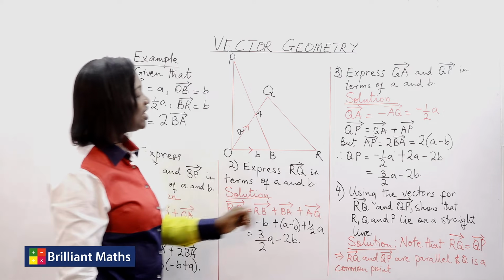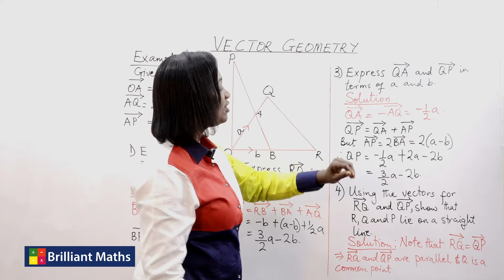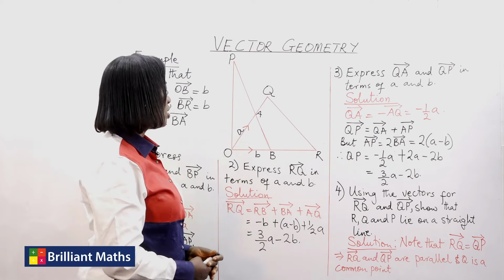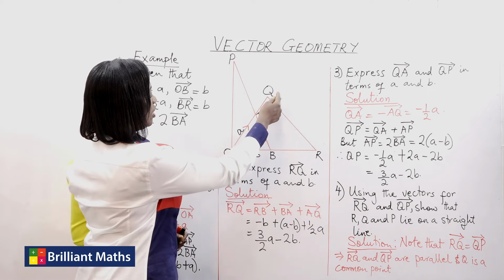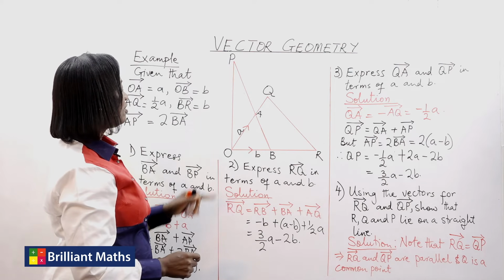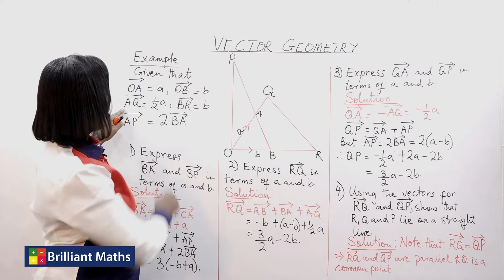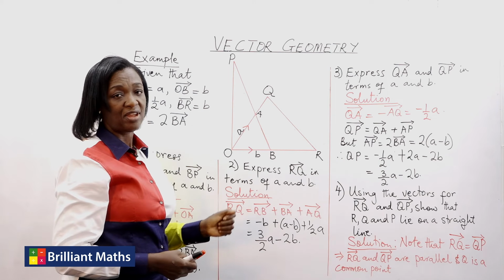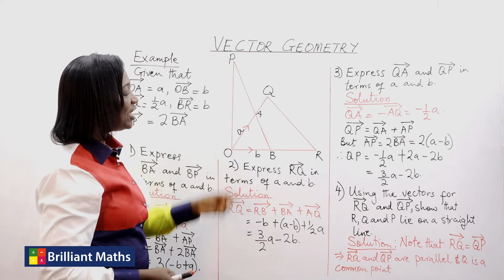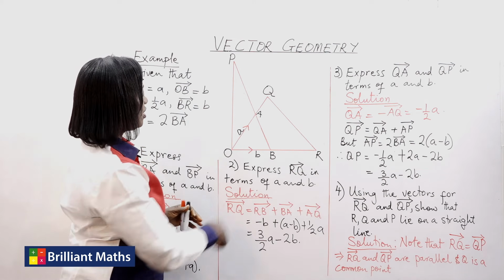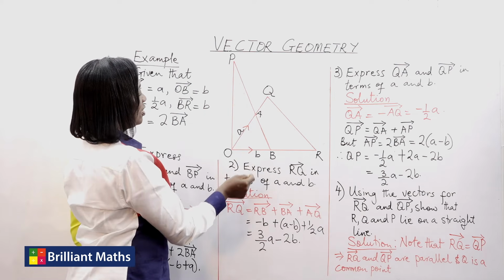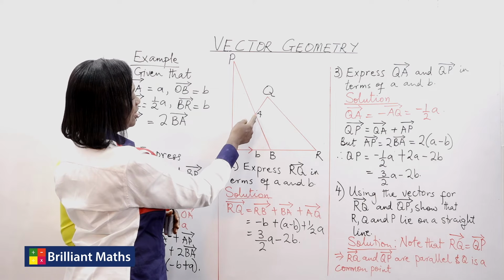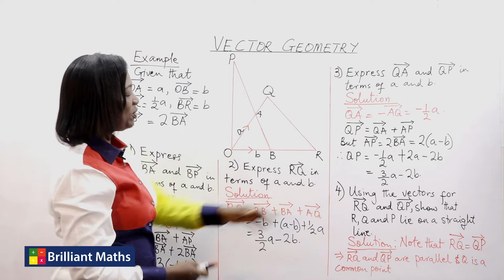So the third question, express the vector QA and the vector QP in terms of a and b. QA will be negative AQ. AQ is half a, so QA will be minus half a. Then QP is going to be QA plus AP.